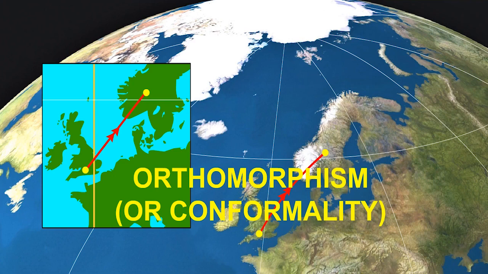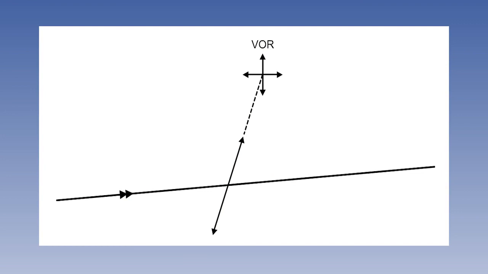These are two terms which are equally used, and they mean exactly the same thing. Orthomorphism is essential for plotting as well as route selection. We must, if we plot a bearing from a navigational beacon, be confident that it actually represents where we are on the Earth. So any chart used for flying must be orthomorphic.